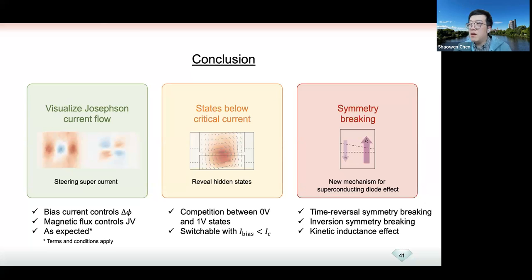I'm not sure. One thing we can think about is, for example, having this very strong current-induced effect. In the basic case, if we only have a sinusoidal current phase relation, and the phase is spatially linear, then there's no way for that to happen.